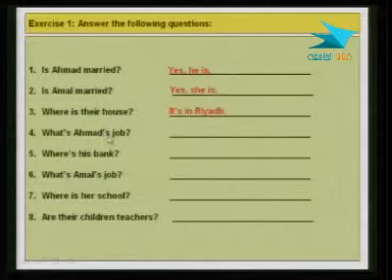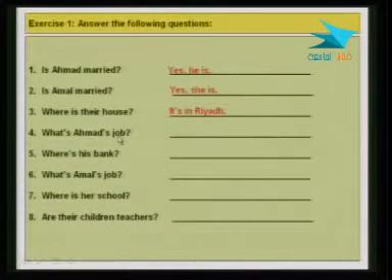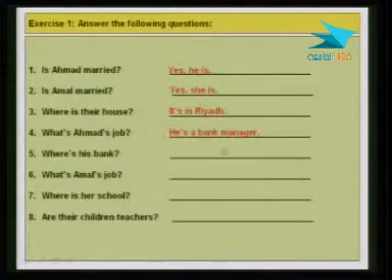This is the apostrophe and that's the S. We use it to ask about the job, Ahmed's job. Of course, Ahmed has a job and the job belongs to him. So what is Ahmed's job? The answer is, according to the passage, he is a bank manager. He's a bank manager. And this is also a contraction. He is, we say he's a bank manager.